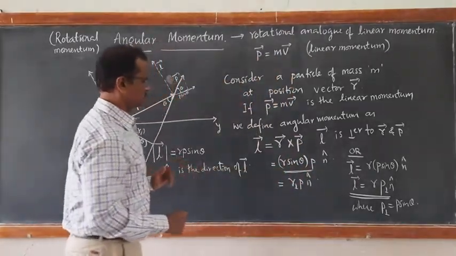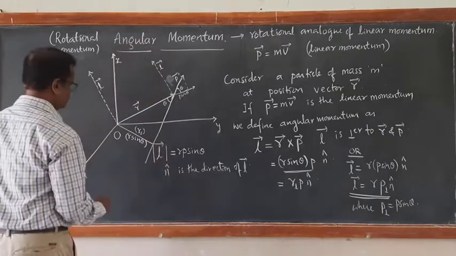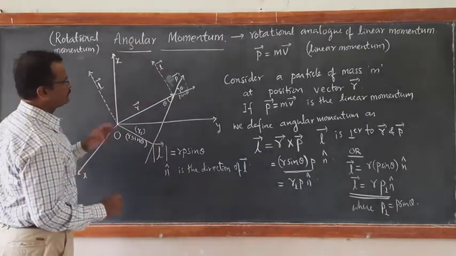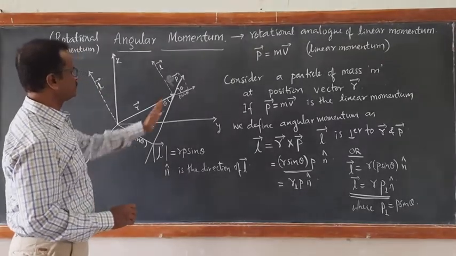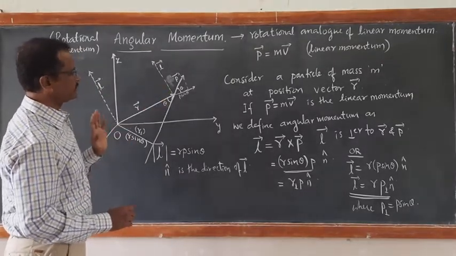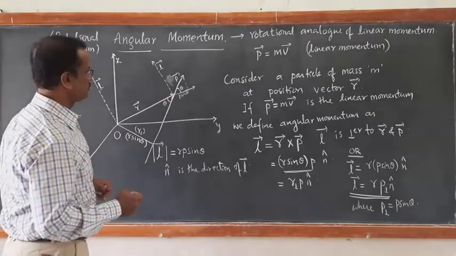Now from this you see, if theta is 90 degrees, then the angular momentum becomes maximum.